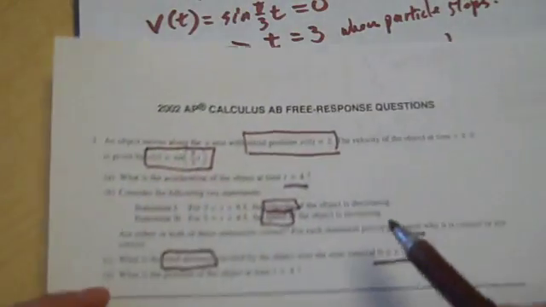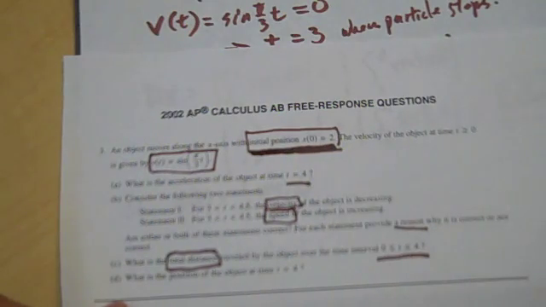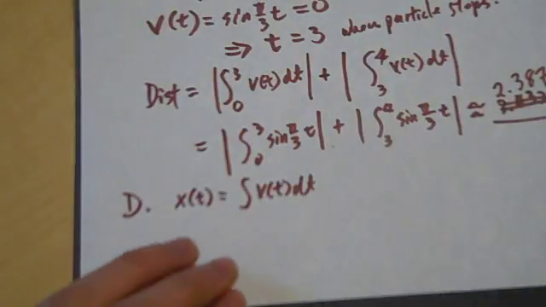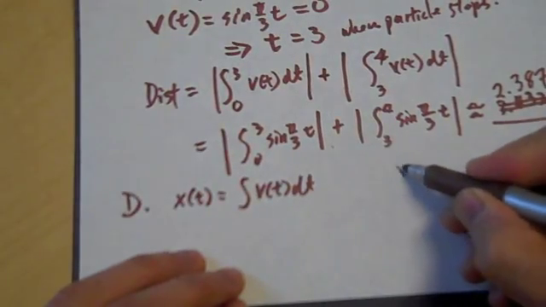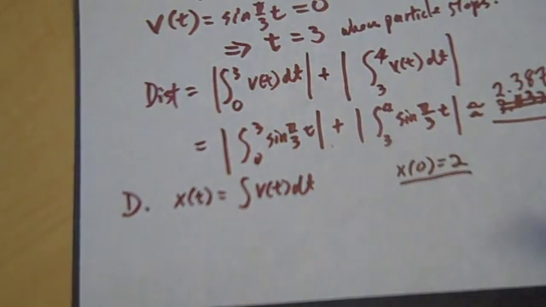If you look back to the original problem, it gives you the initial position. You see, it's there for a reason. So we need to later on utilize this particular information. So I want to go ahead and write it down here: x of 0 is equal to 2, for me to use it later.